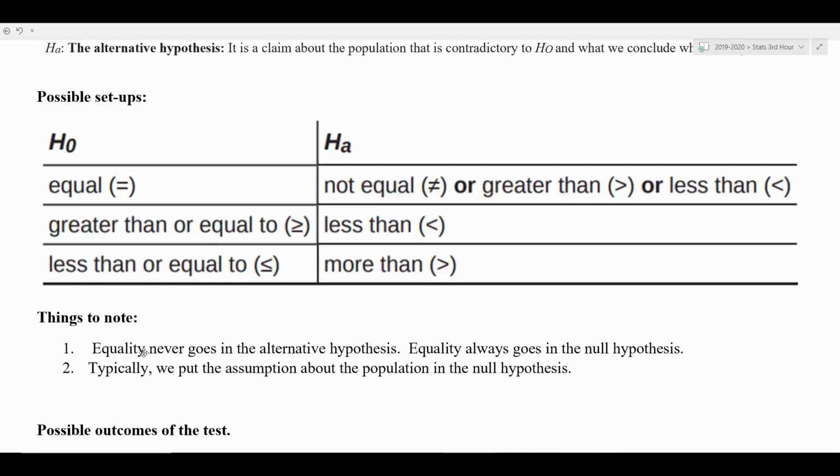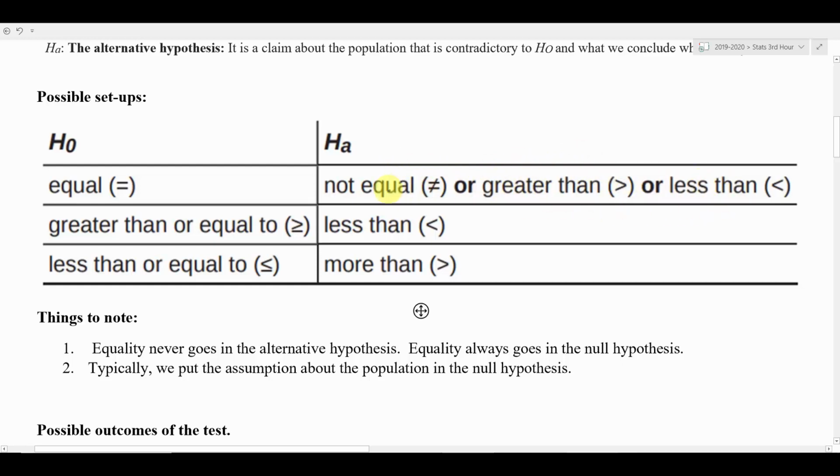Okay. So when we say that something is equal to, so for example, if I assume that the mean height of men is 70 inches, the contradictory statement to that would have to go in my alternate hypothesis. Okay. And I have options for how I can set that up. So if I say something is equal to something, then the contradictory statement could be that it's not equal to, or that it's greater than, or even that it's less than.